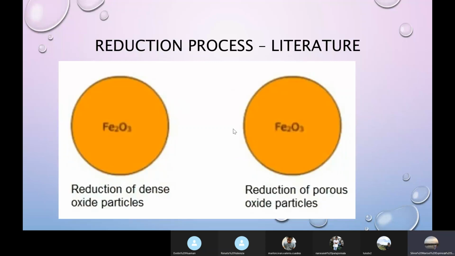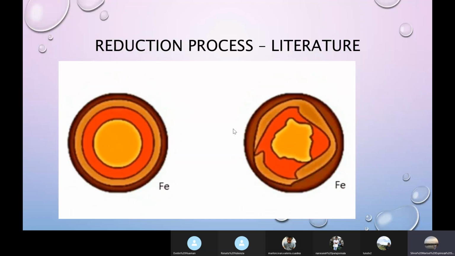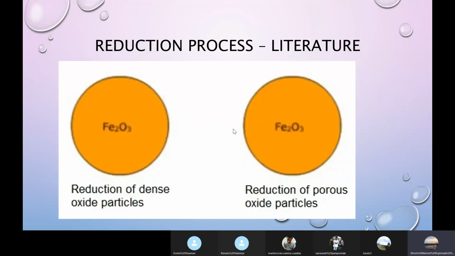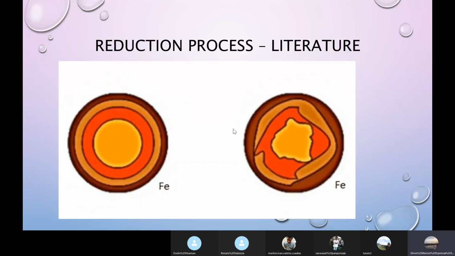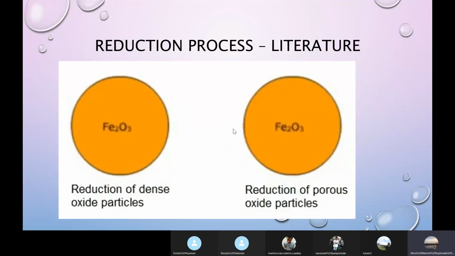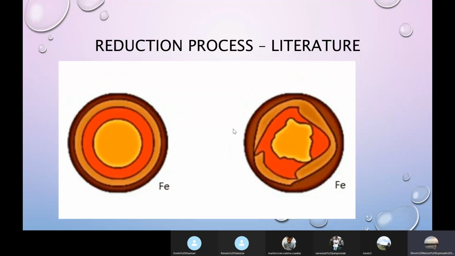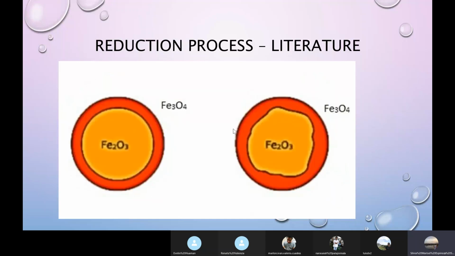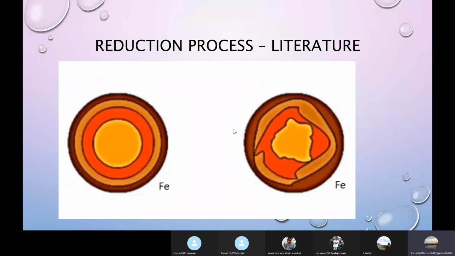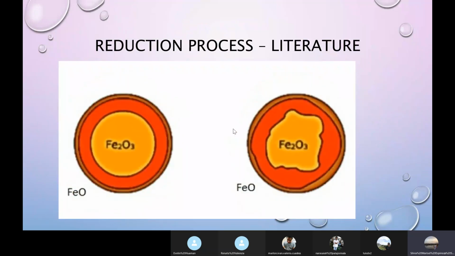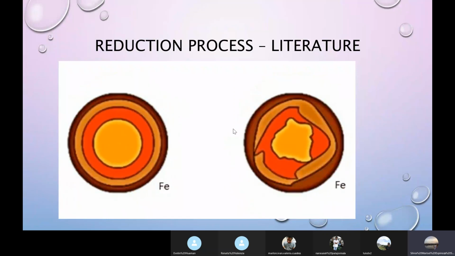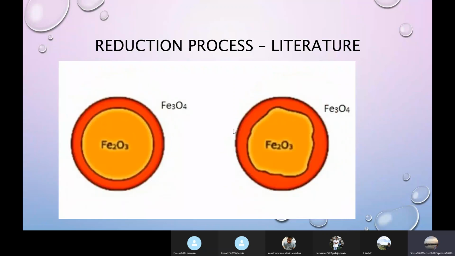The reducing agent gas is absorbed in step 2 on the solid surface, and oxygen ions diffuse through the layers to react at the interface. All oxides are reduced simultaneously at all interfaces according to the 3 reactions explained above in a similar way. Do you see the GIF? Hematite transforms to magnetite, magnetite to wustite, and wustite to metallic iron.